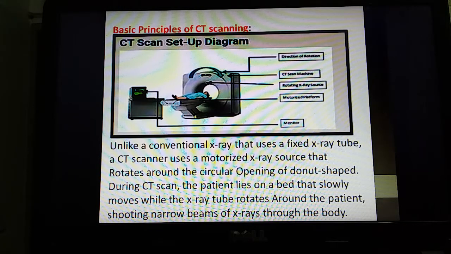Unlike a conventional X-ray that uses a fixed X-ray tube, as we learned in our last class about the X-ray tube that is used to generate X-rays, a CT scanner uses a motorized X-ray source.